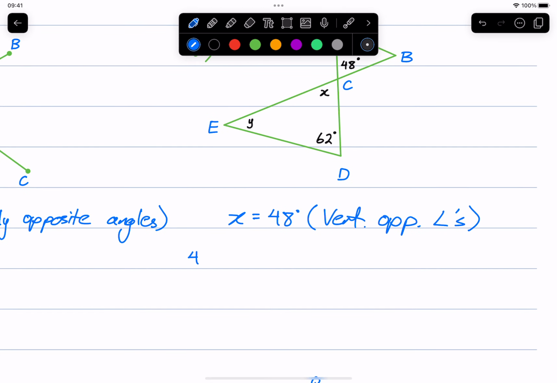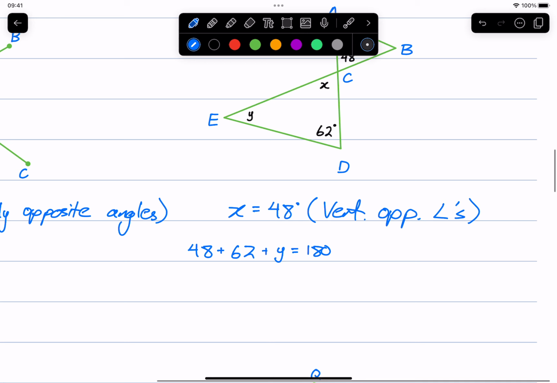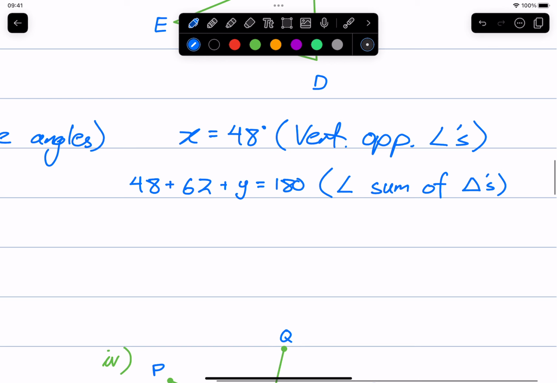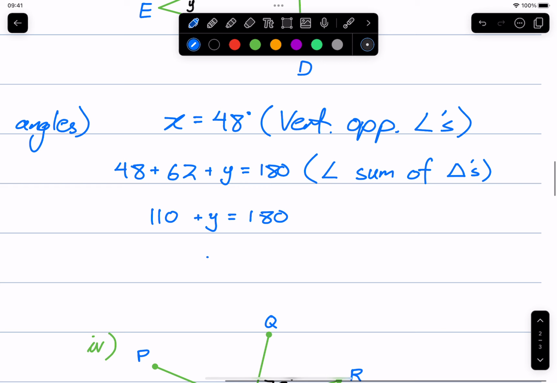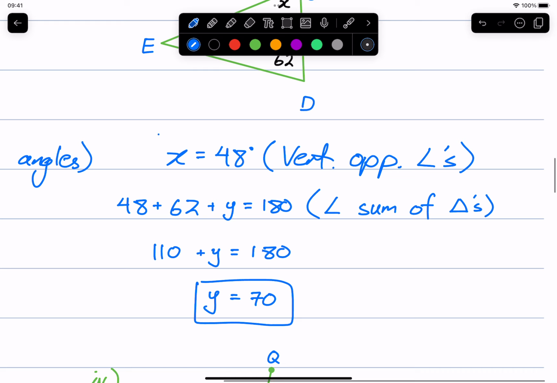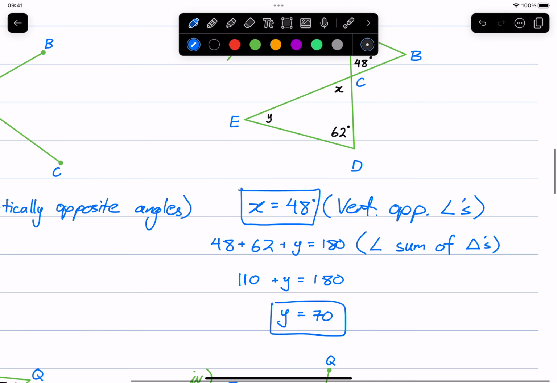So in this case, we write down 48 plus 62 plus y must add up to 180 degrees. That is the angle sum of triangles. And from this, we can solve what y is. Adding everything together, this gives us 110 plus y equals 180. Therefore, y must equal 70. So those are the two values we're looking for.